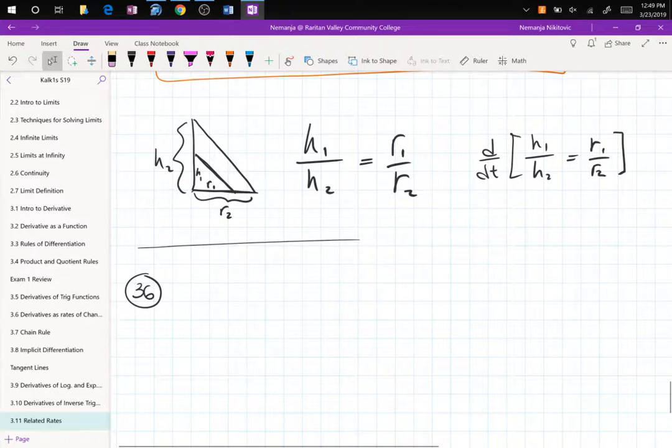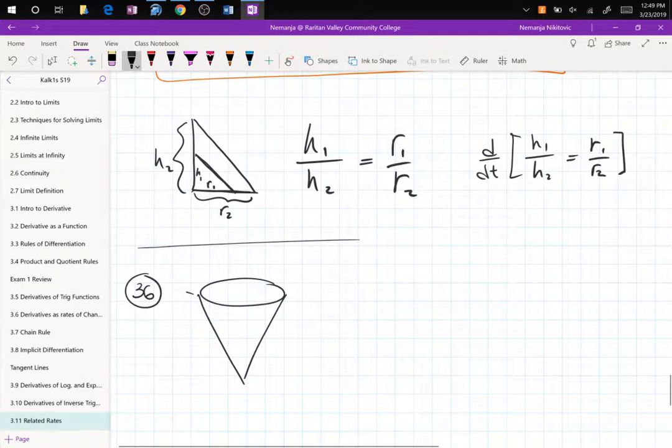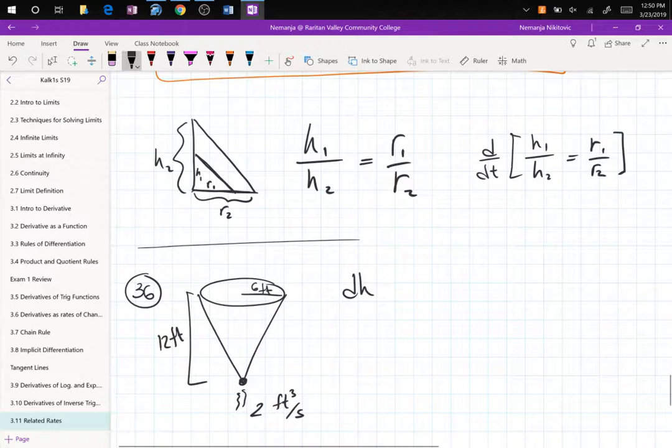An inverted conical water tank with a height of 12 feet and a radius of 6 feet is draining the water on the bottom with the outflow of 2 feet cubed per second. What is the rate of change of water depth?